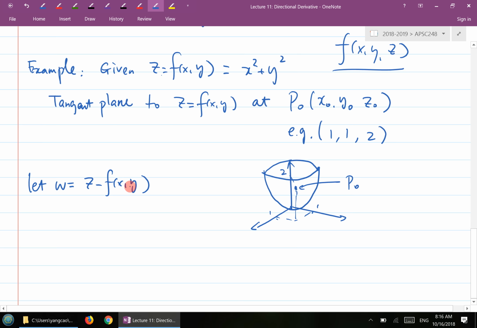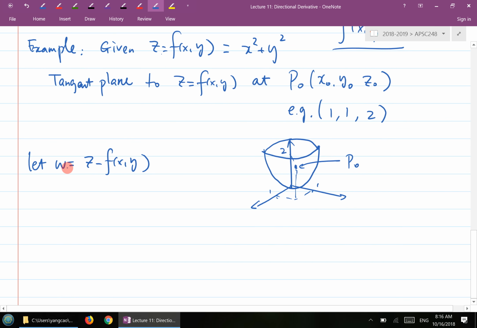Now this function w, if I look at the whole right side, is a function of three variables, x, y, z. The way I write it could be confusing because I have f here, so maybe I'll just write a w. That's a new function of three variables, x, y, z.